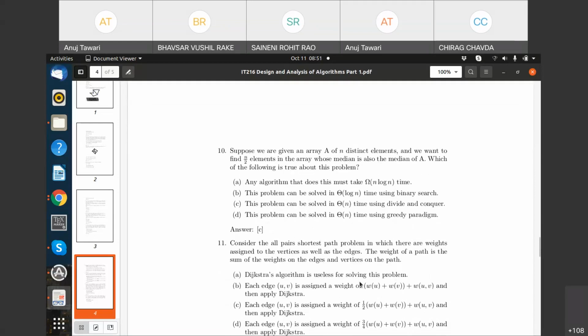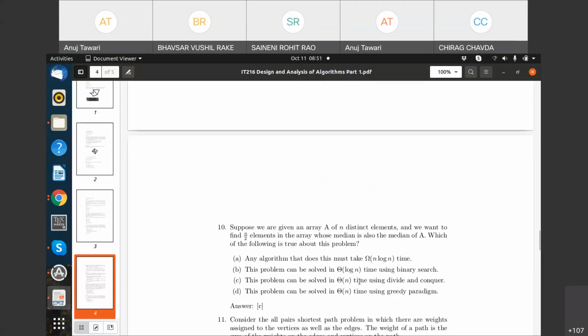Student: Sir, in this question can we have more than one answer? Suppose we have 10 elements in total and we have to find only 3 or 4 elements among them, in which the middle one is the same for both. So we can have more than one answer, right?